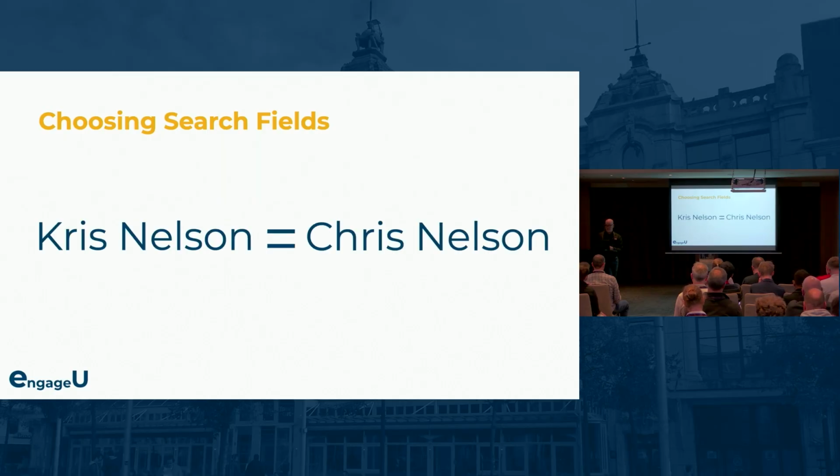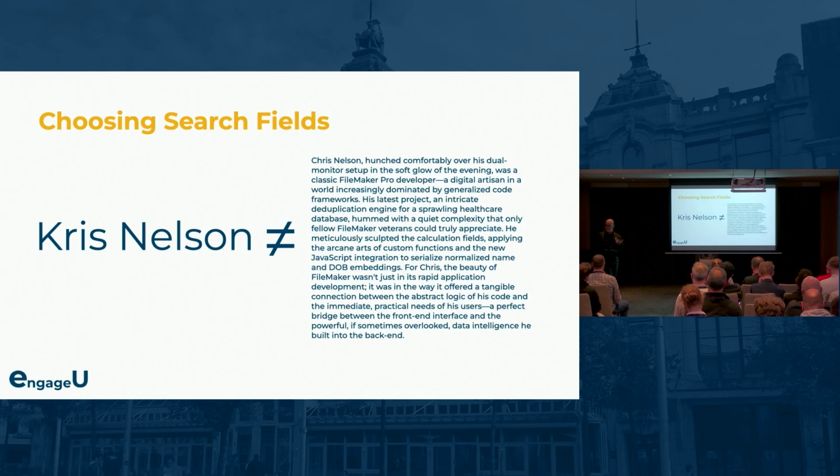We want to match Chris Nelson with a C, not with several paragraphs about Chris Nelson's life. So it's a little different in the way that the Semantic Find is going to be working.